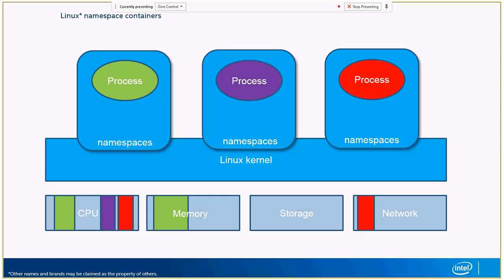One is called namespaces, for doing isolation between containers, and cgroups, to actually isolate the resources between containers, so that each container gets its allocated CPU time, memory, and things like that. So the key thing is now there are multiple containers running on the same host, sharing the same Linux kernel.